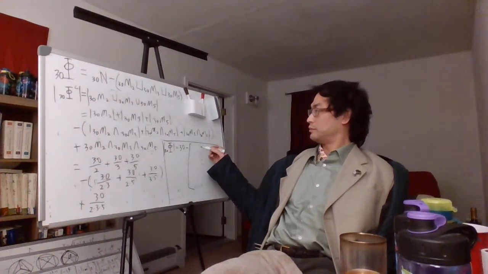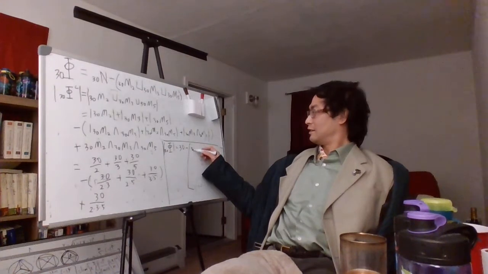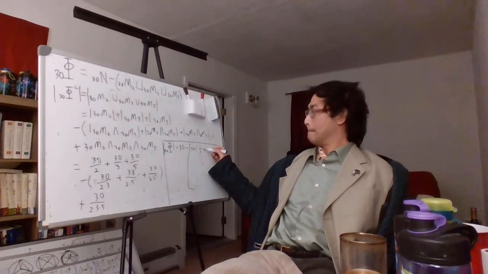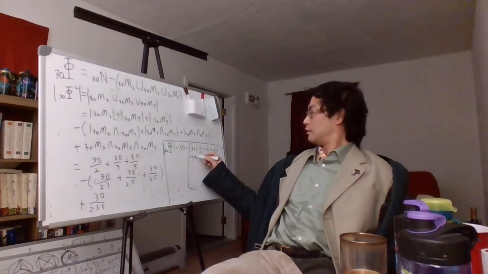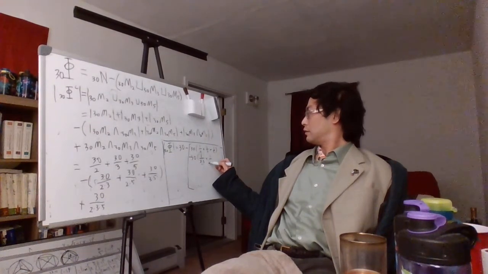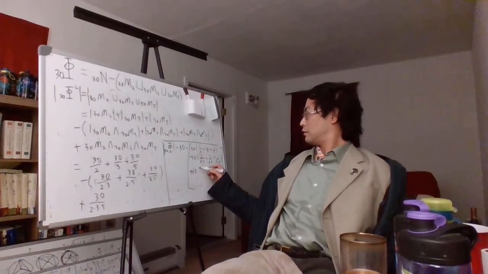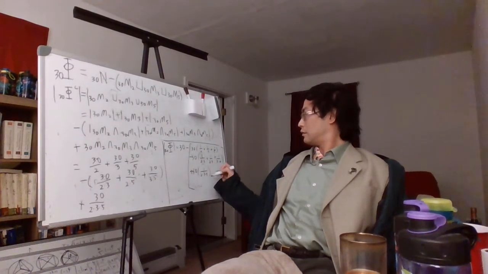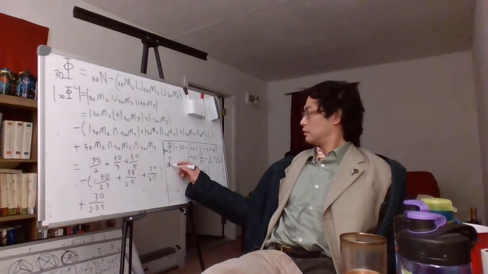Okay, 30 minus, let me write it again. And this is phi of 30.